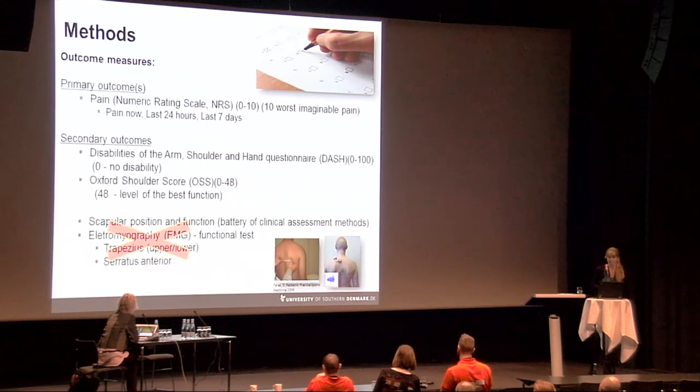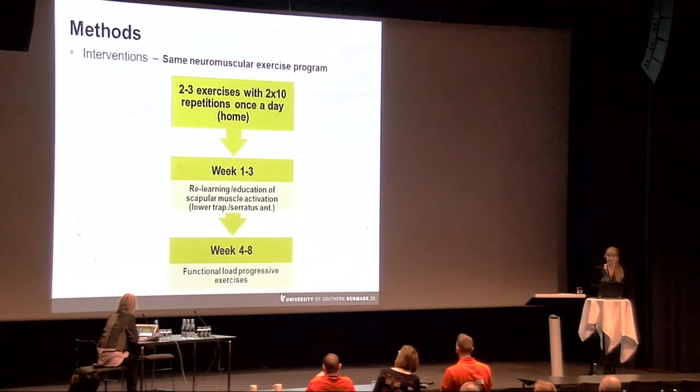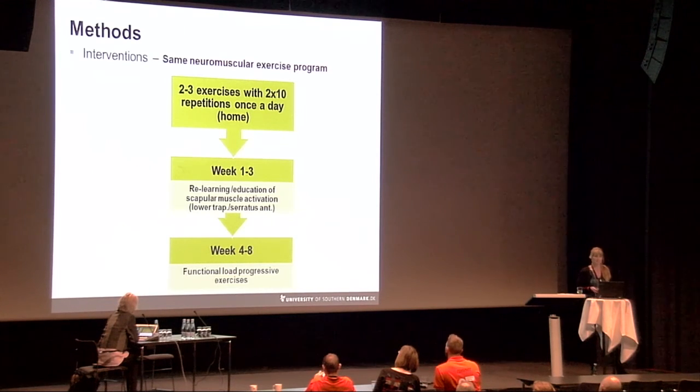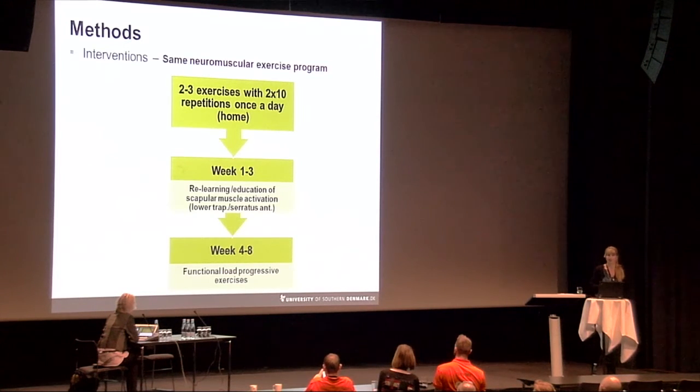So, moving on to the methods. Based on previous studies on muscular imbalance between upper trapezius, lower trapezius, and serratus anterior, a standardized intervention program was developed consisting of exercises selected after best evidence for activating the lower part of trapezius and serratus anterior.